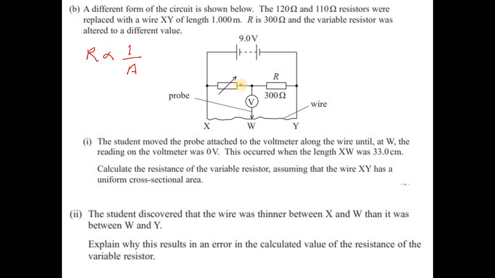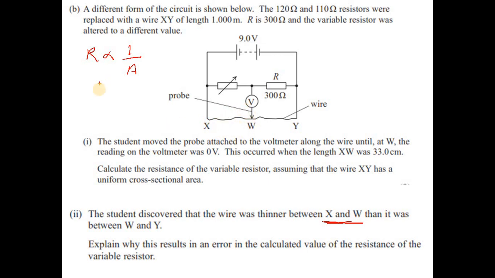So you can say that the thinner wire has high resistance, so the value of the variable resistor must be higher, because the resistance of XW will be higher, thinner at XW. The XW region has high resistance.